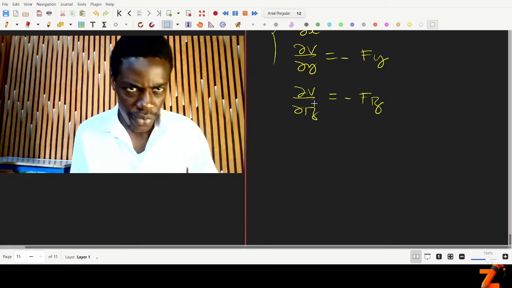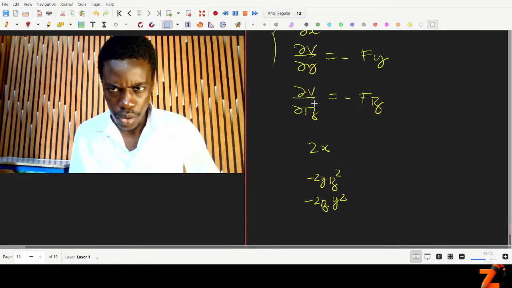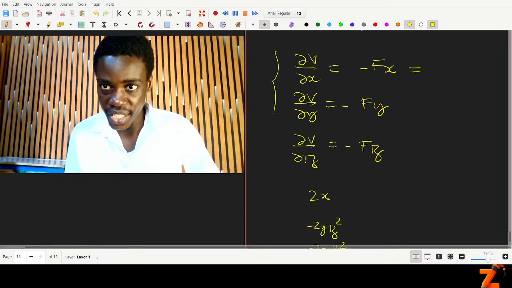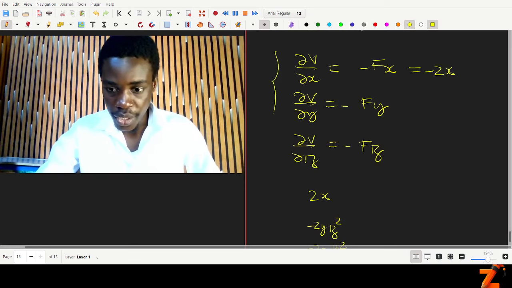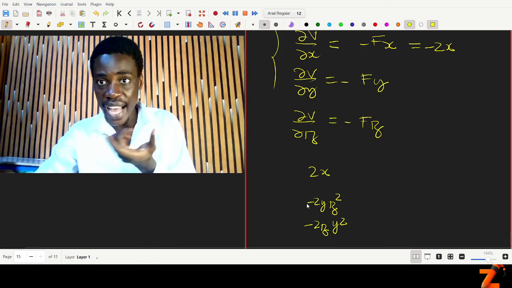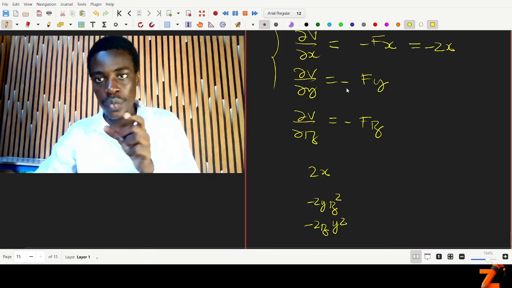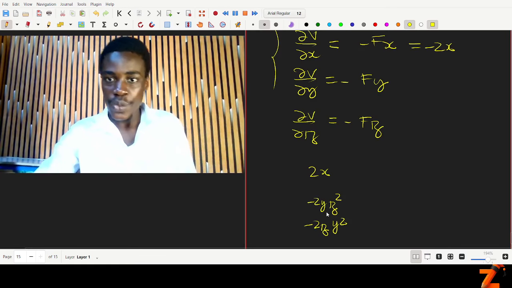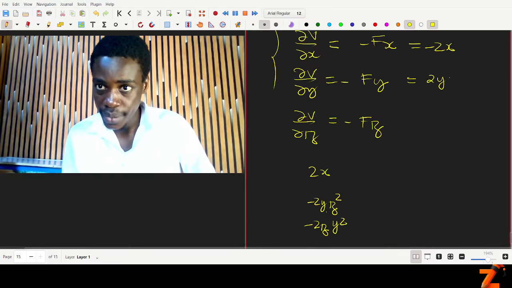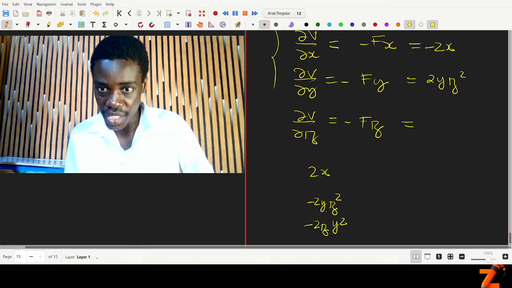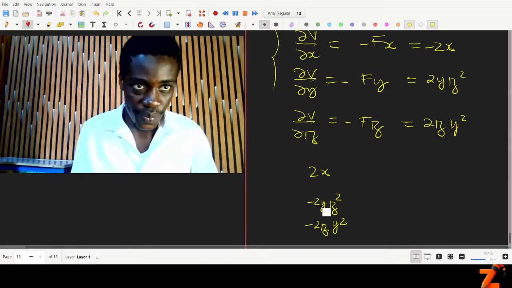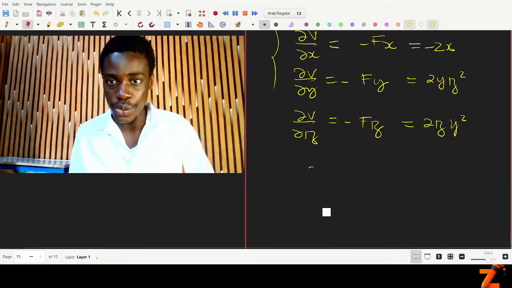So 2x for the first, so here it is negative 2x now, because I have already a minus sign here. Moins fois moins, on dit que c'est plus, n'est-ce pas? Donc ça donne quoi? So you have 2yz squared, and to finish 2zy squared. It's very good now. So let's continue.